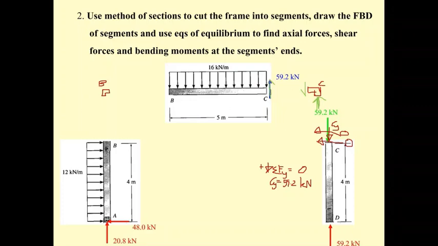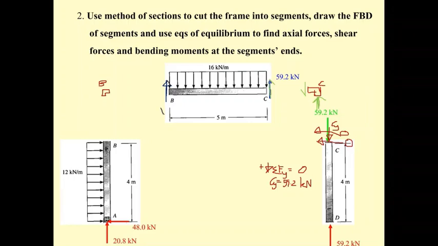Okay, now let us consider the member NB. The B is going to be the rigid joint. So if this happens, we are going to have the shear force here, and the shear force is going to be like this.